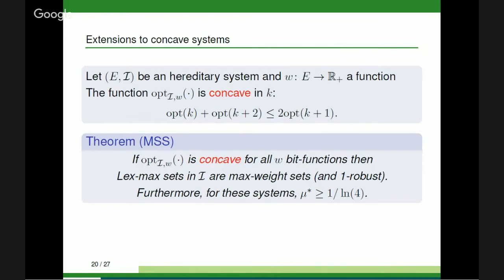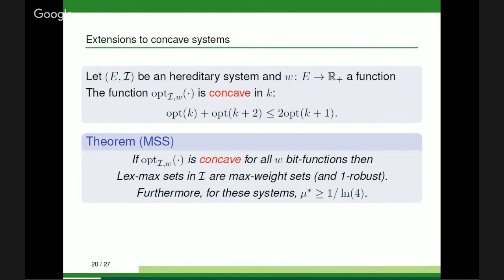Suppose that you have a collection of objects E, like the edges of a graph, and a collection of subsets I. E comma I is called a hereditary system if whenever you have a set in I, so think of sets in I as matchings, whenever you have a matching, then every subset of it is a matching. That's what hereditary means. Every feasible set for the problem, every subset of it is also feasible.